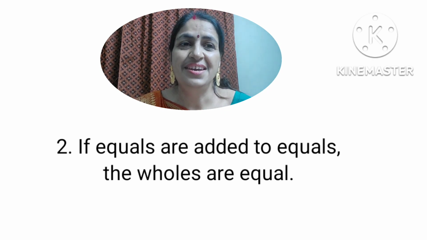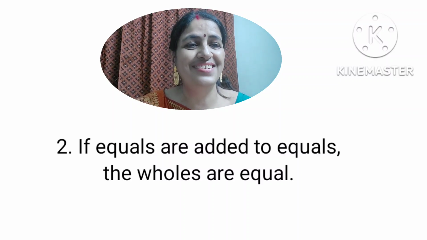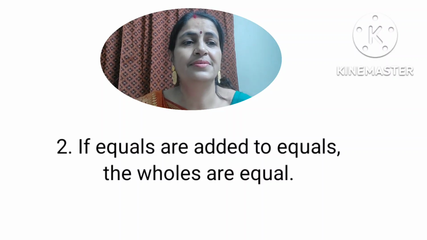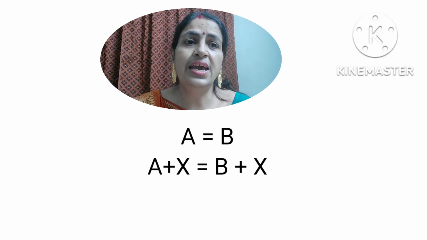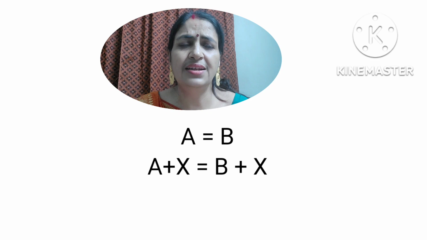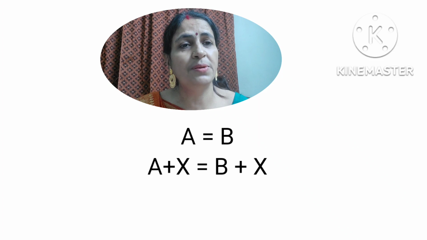Now, second axiom. If equals are added to equals, the wholes are equal. Let A be equal to B, so A plus something, like A plus X, and we add the same thing to B, that is B plus X, then A plus X is equal to B plus X. That is true.